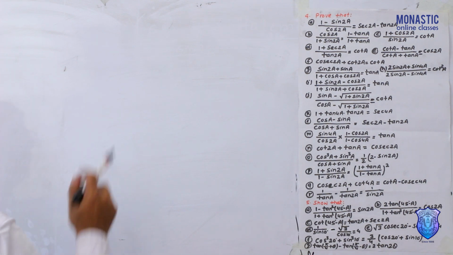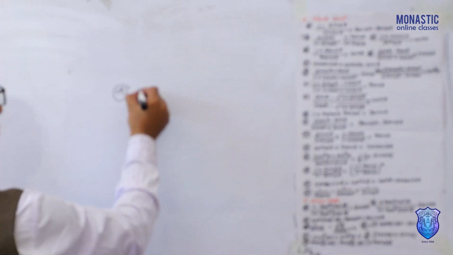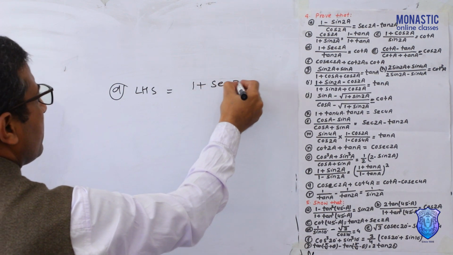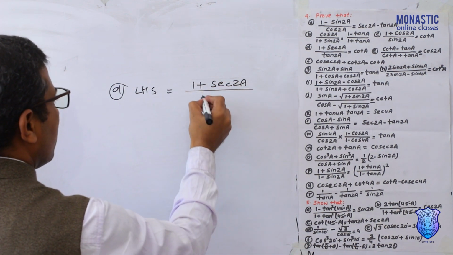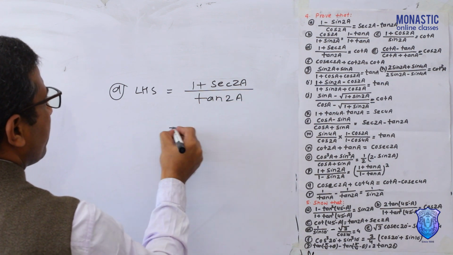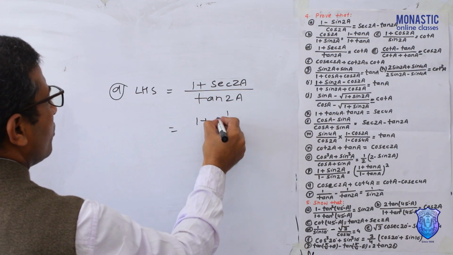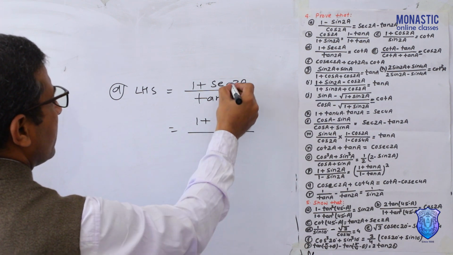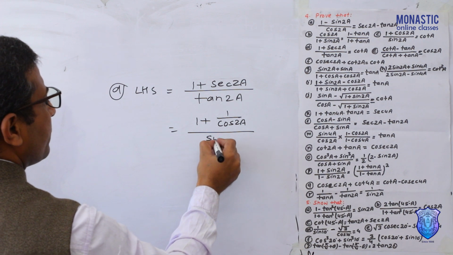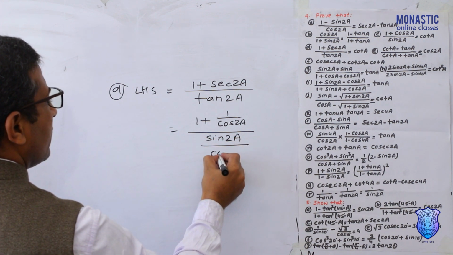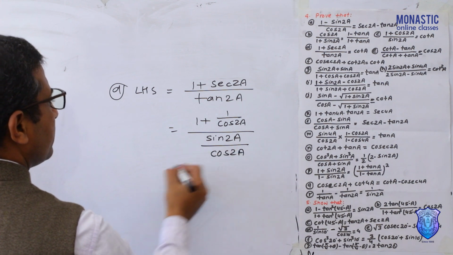Now come to question number D. It's almost the same as question number C, but what are the changes you can note there? Here is sec 2A. Do the simplification. Sec 2A formula is 1 by cos 2A, and here we can write in place of tan 2A, sin 2A by cos 2A.